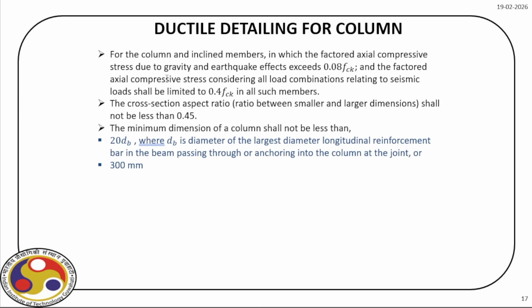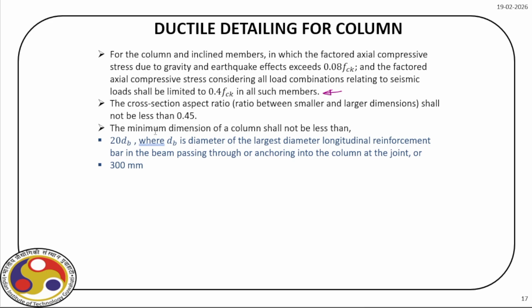So for column, a member in which factored axial compressive stress due to gravity and earthquake effects exceeds 0.08 fck, the factored axial compressive stress considering all load combinations relating to seismic load shall be limited to 0.4 fck in all such members.